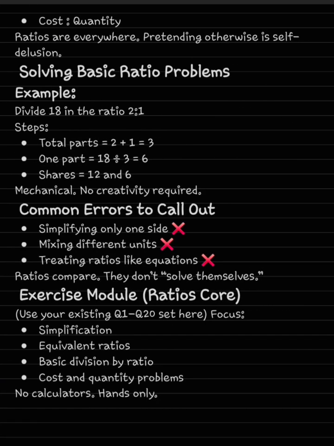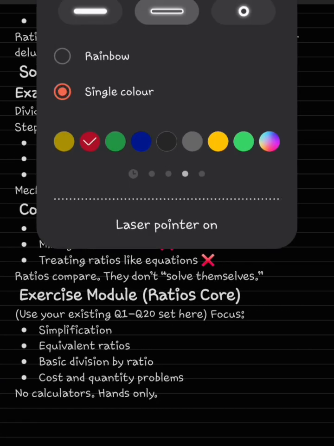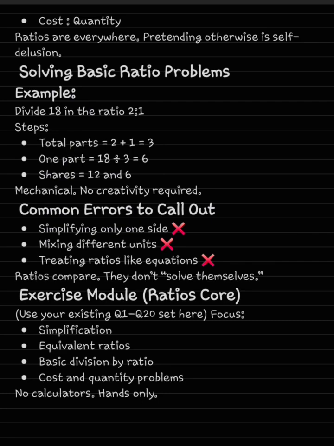Solving basic ratio problems. Solving ratio problems is a mechanical, step-by-step procedure. When you are asked to divide a total amount into a specific ratio, follow this logical sequence. Example: divide the number 18 in the ratio of 2 to 1. Calculate total parts.